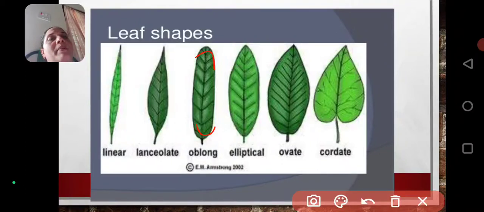Elliptical means, compared with lanceolate, there is a small difference. What is the difference?